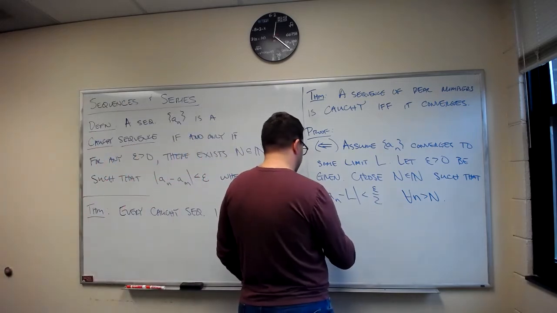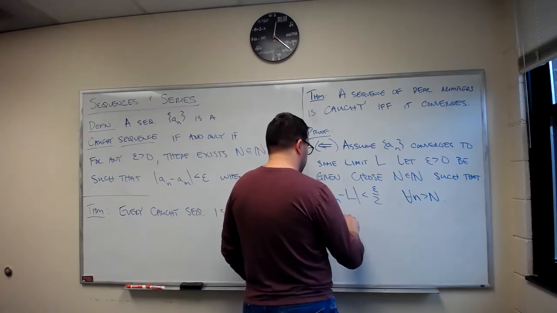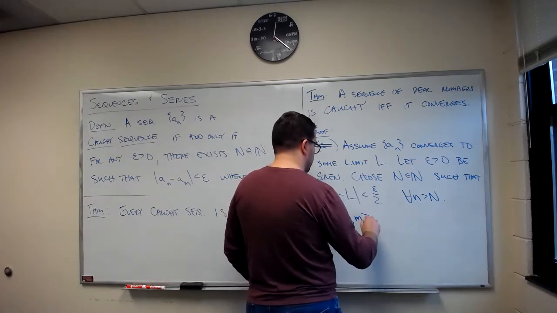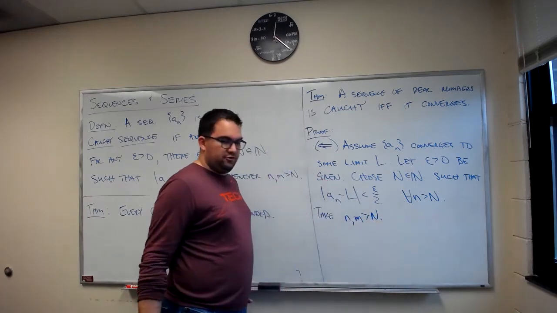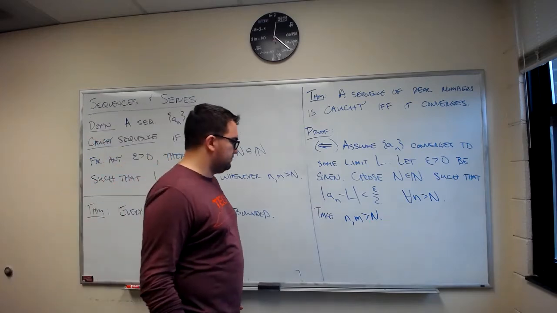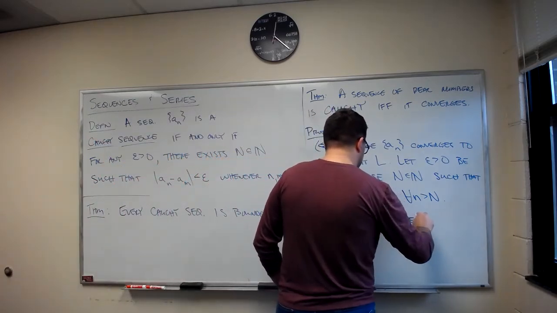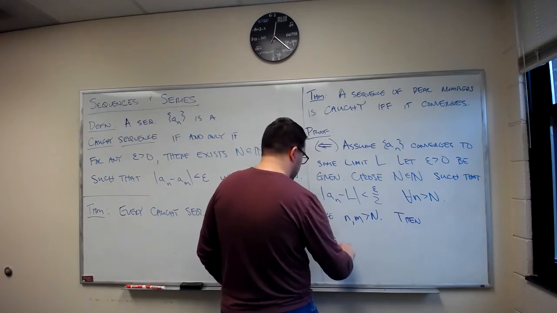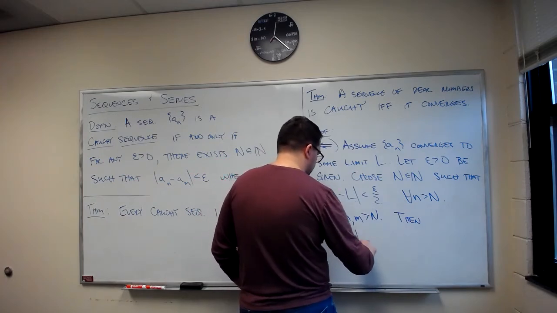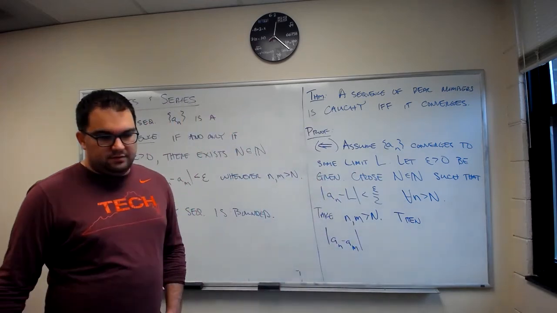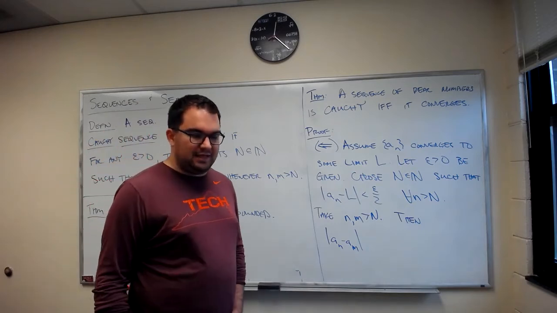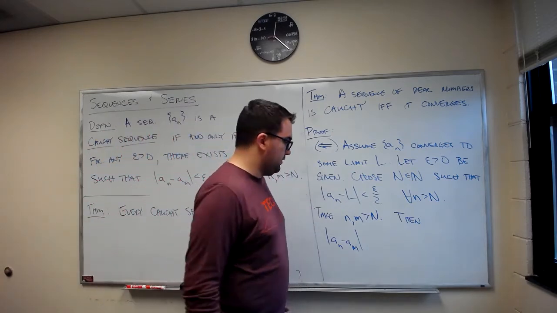Now take little n and little m greater than your capital N. And then I want to look at a_n minus a_m. All right. One of the greatest tricks in analysis, add and subtract the same thing in between.